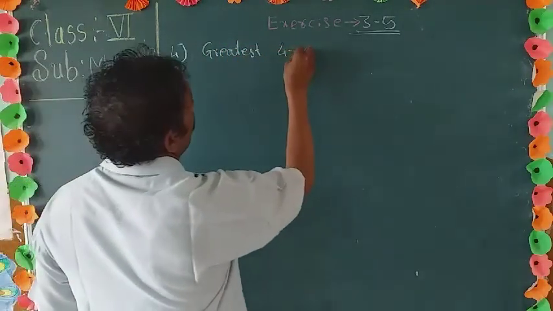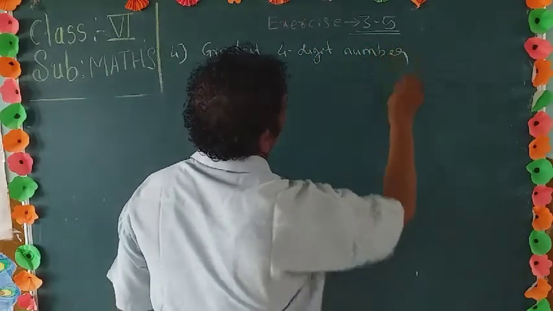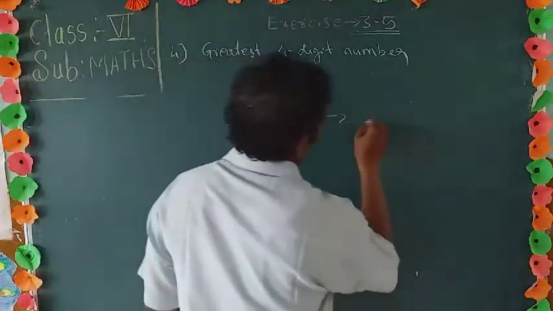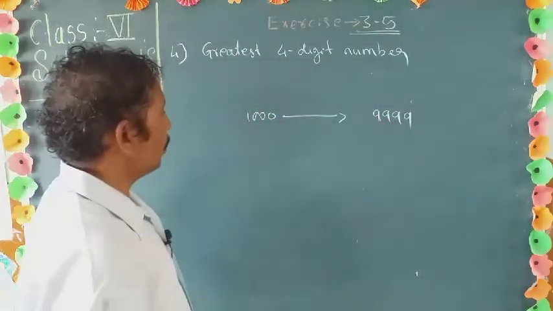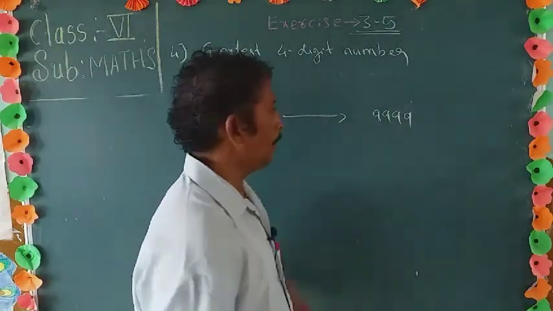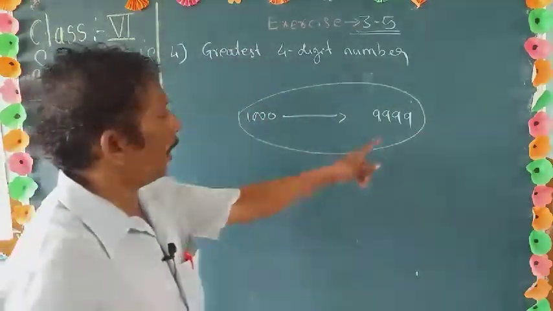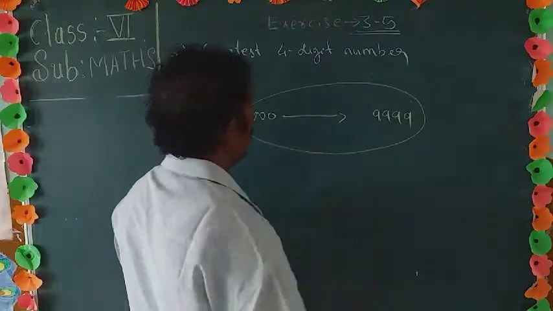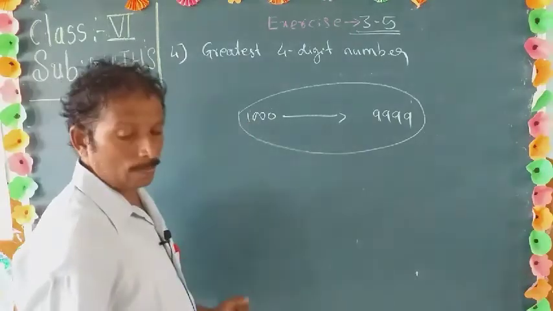The numbers starting from 1000 to 9999, starting from 1000 and ending at 9999, all these numbers are 4-digit numbers because there are 4 places, 4 digits.